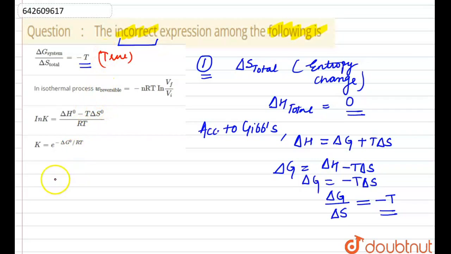Now the next one that we have is, for an isothermal reversible process, work done in reversible equals minus nRT log of final volume divided by initial volume.